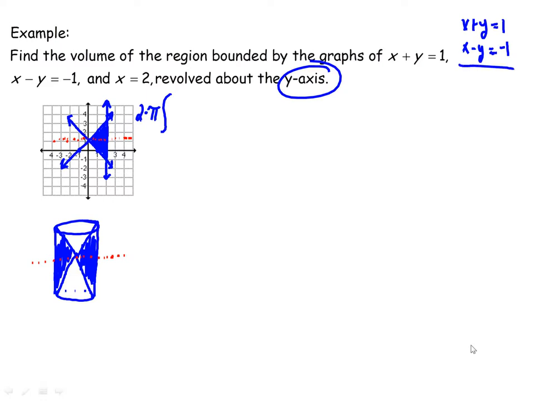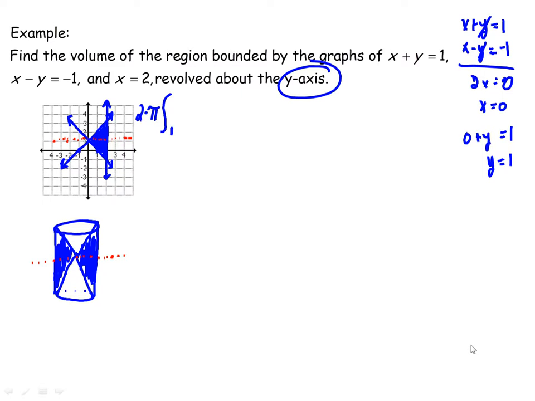I think that would be easier. So if x is equal to 0, y is equal to 1. So that lower y boundary is going to be 1.